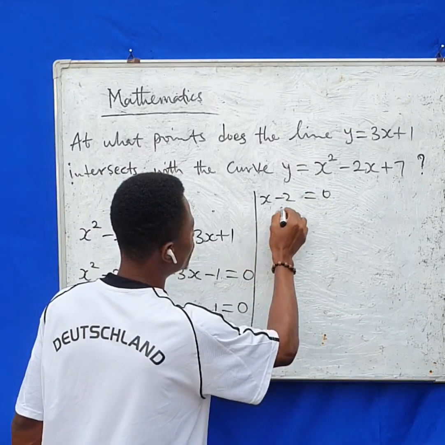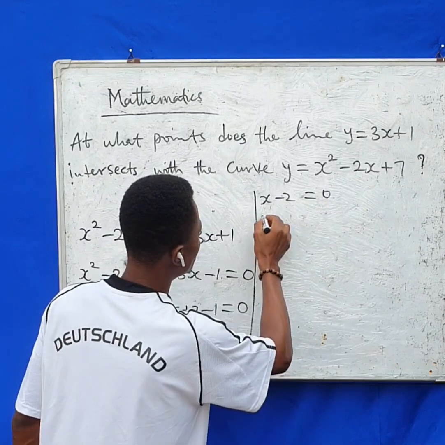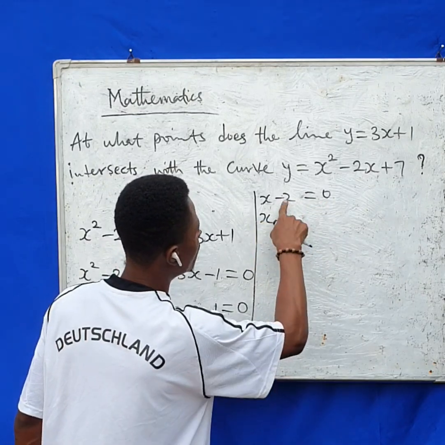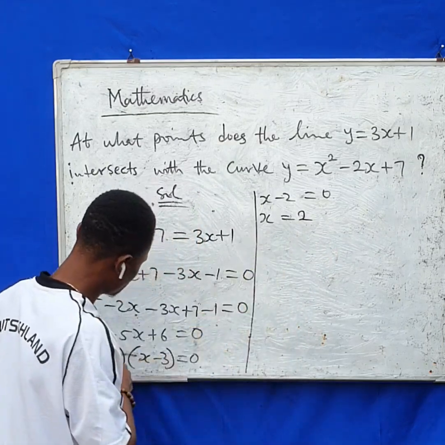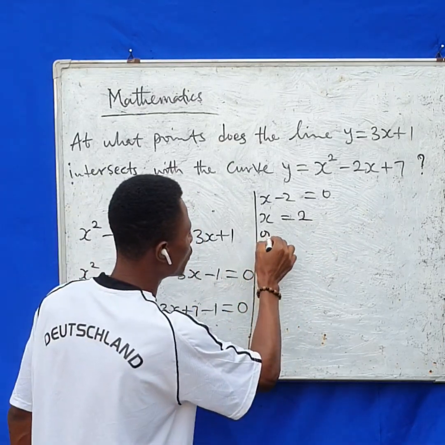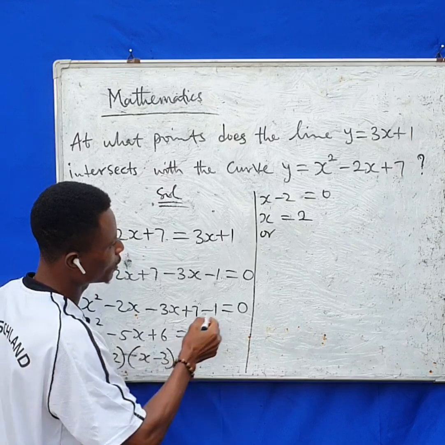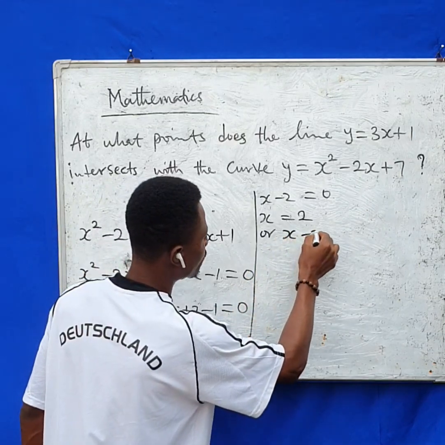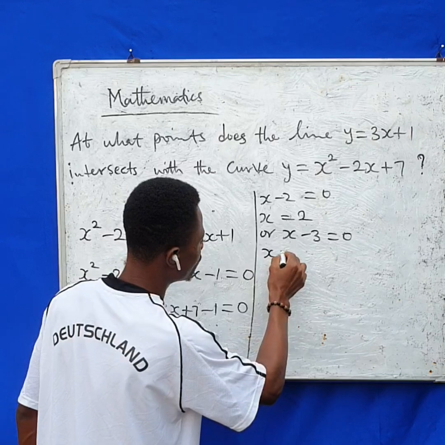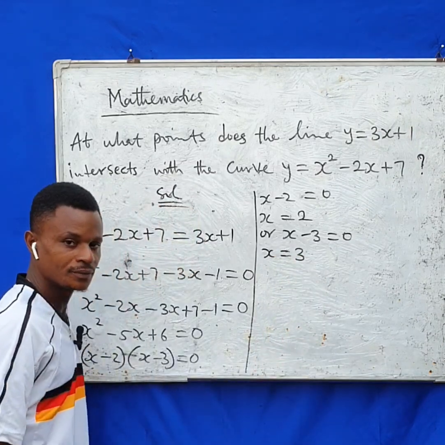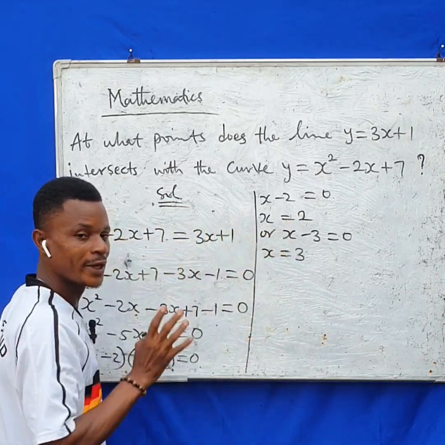If you solve this, taking this to this side, x is equal to positive 2. Then let's equate this other part: x minus 3 equal to 0. If you take this to this side, x will be equal to positive 3. So these are the two x values.